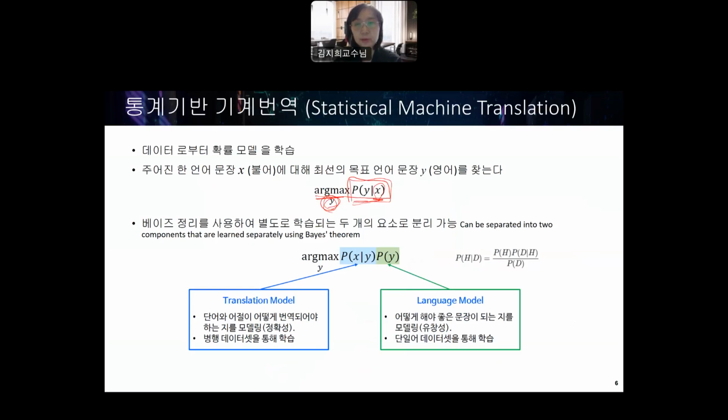And using the Bayes theorem, this can be separated into these 2 different probabilities. Remember this Bayes theorem?